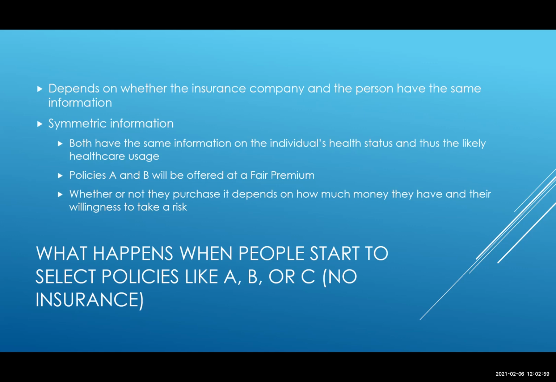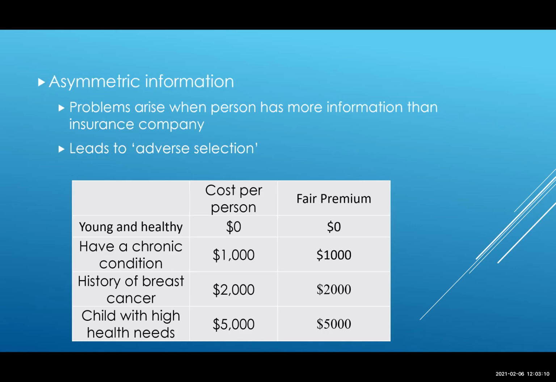What happens when people start to select policies like A, B, or C? No insurance. This is what happens. So asymmetric information. This problem arises when one person has more information than the insurance company, and this leads to adverse selection. And we talked a little bit about this. So you know your health history, and so you actually have more information than the insurance company.